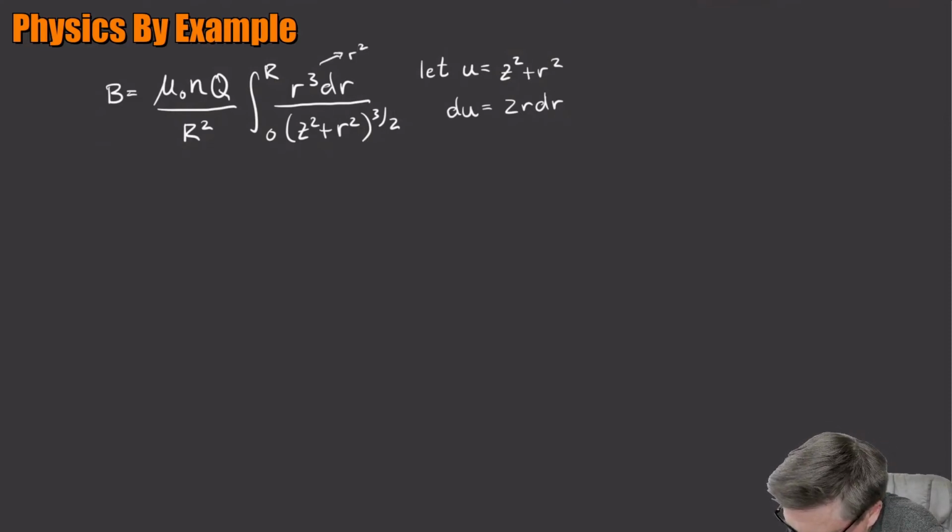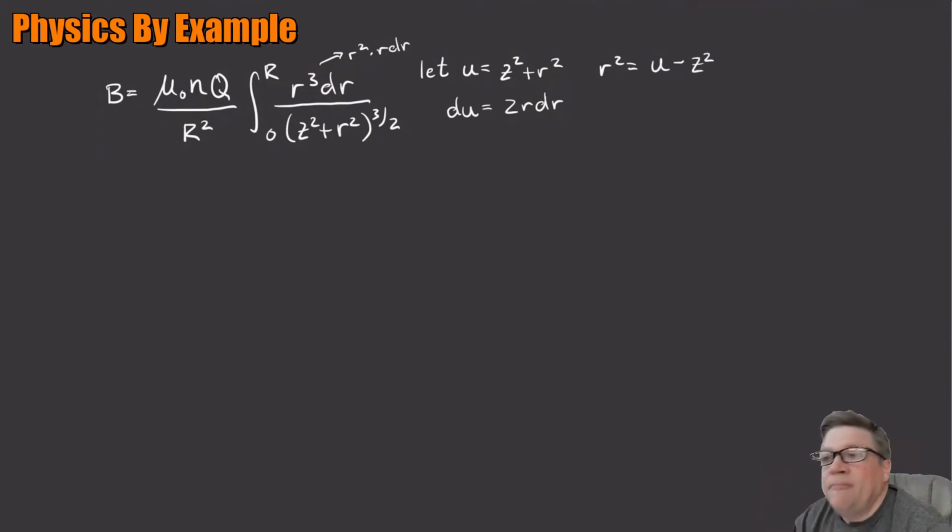Look what this is. This is r squared times r dr, right? And I've got my r dr there, so r dr is just du over 2, and I have my r squared. So r squared is just going to be u minus z squared. So let's substitute that stuff in. I think that'll be something that we can solve.